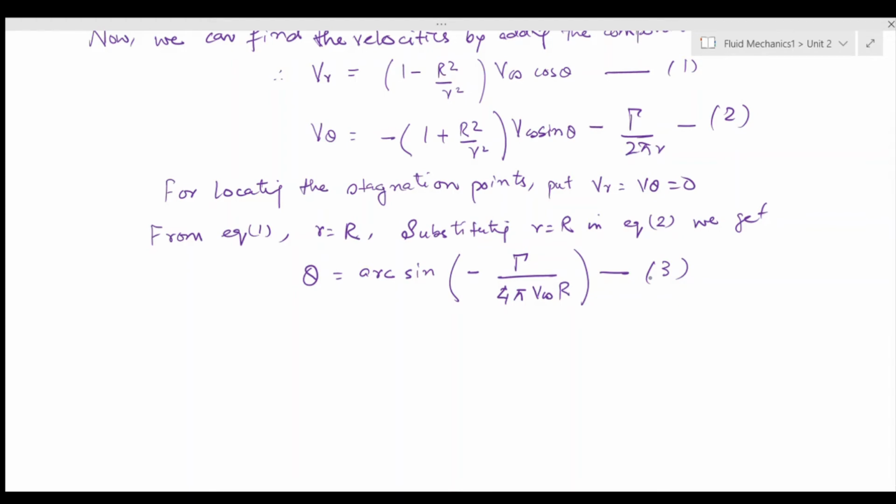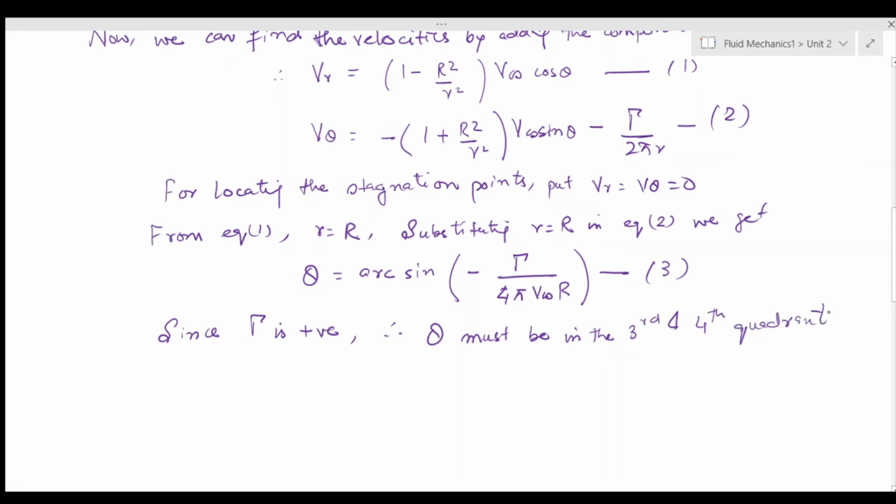Now, look at this here. I know that since my circulation is positive, therefore theta must be in the third and fourth quadrant. So what information have I got up till now?